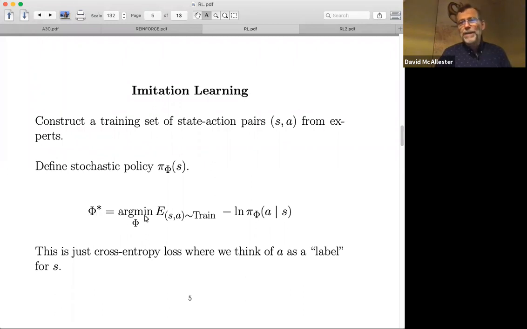So if there's some deep network that's taking this state and selecting this action, then we're going to minimize the expectation over drawing pairs from our training set, or maybe from the expert's population distribution, of minus log the probability of what the expert did given the state. This is straight up standard cross entropy imitation learning. So this is the simplest way to learn. And this is a central and important concept in reinforcement learning, imitation learning.